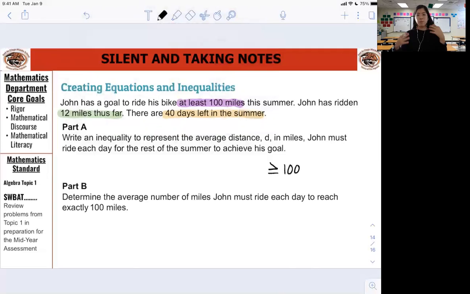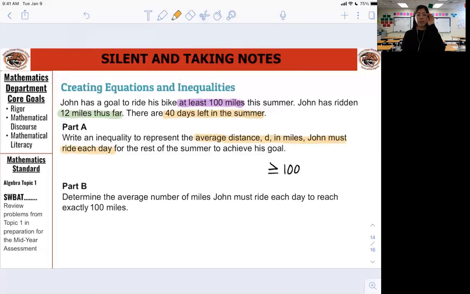So I got my symbol, I've got my 100, and I need a variable. Remember that the variable they're telling me to use is D, the average distance that he must ride each day.